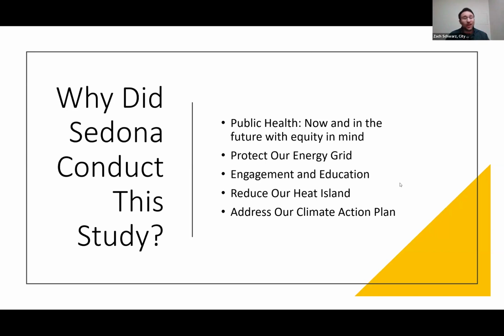And that adds a lot of stress to our energy grid. It can handle it more or less, but it puts a lot of strain on the system. And as we look forward into the future, we're pretty confident that we're going to be experiencing more and more days above 90 degrees, above 95, above 100.